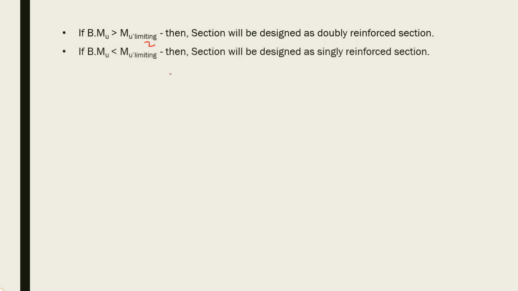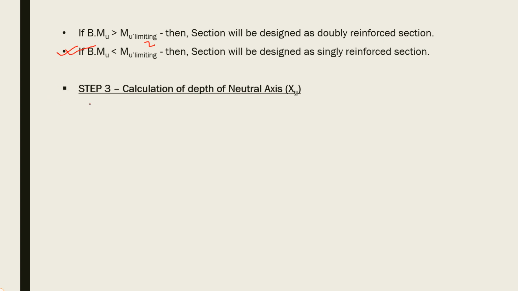And conversely, when the ultimate bending moment is less than the ultimate moment carrying capacity, then the section will be designed as singly reinforced section. So in this video we are going to design singly reinforced section.